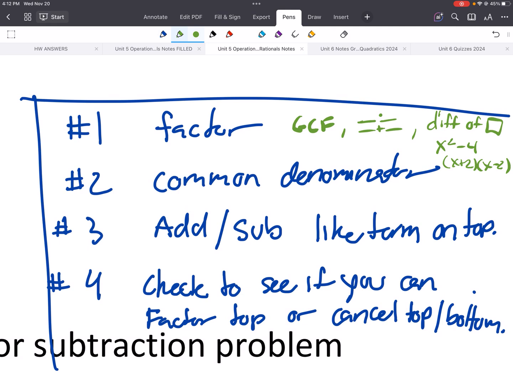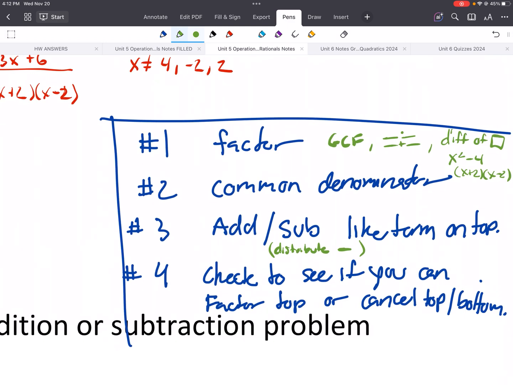Don't forget to distribute the negative, okay? And then when you're all done with that, see if there's anything else you could do afterwards. Sometimes when you combine like terms, you might end up having a quadratic trinomial, and you might be able to factor that and maybe cancel some factors. Okay?